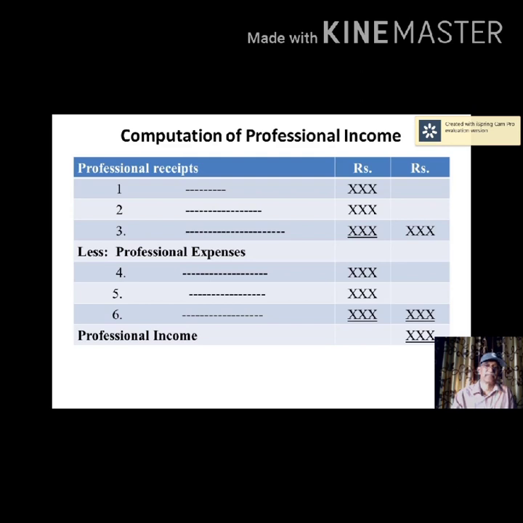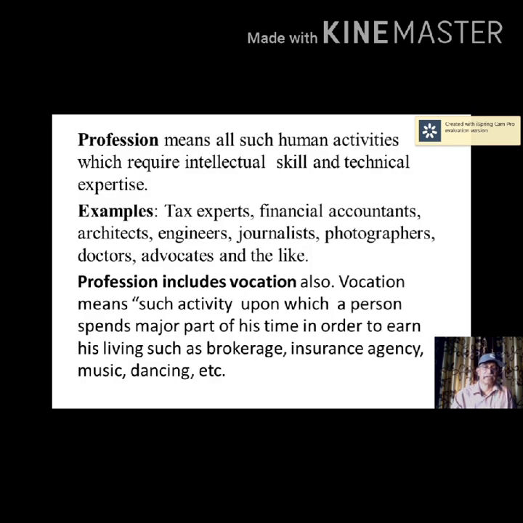Ultimately, what you are doing is, you are computing total professional receipts, and from total professional receipts you are deducting total professional expenses, and you are going to calculate professional income. Now before going ahead, let us be clear about the meaning of the term profession.